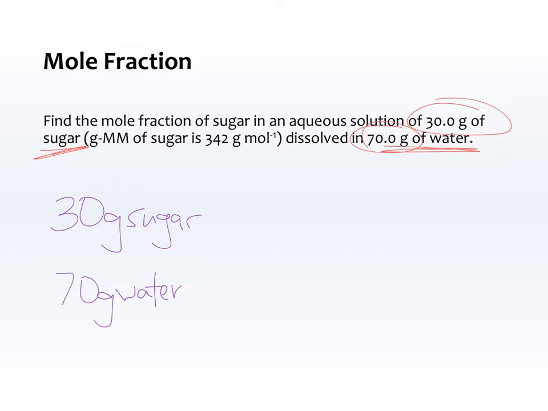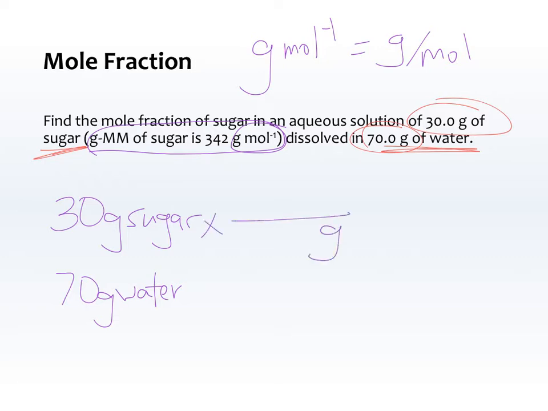Notice that it says the molar mass of sugar is 342 g·mol⁻¹. This is the College Board's fancy way of saying grams per mole. That's the way that they're going to write it, so just get used to that. Which means that when you're doing that factor label, when you change grams to moles, you'll say 1 mole is 342 grams.